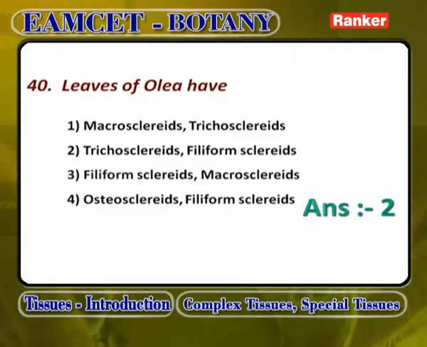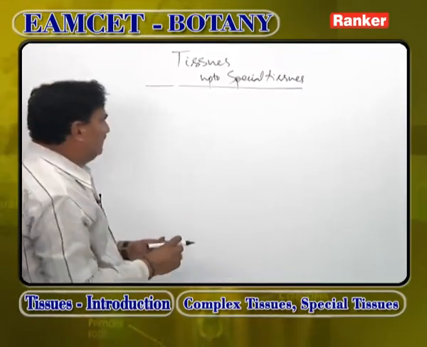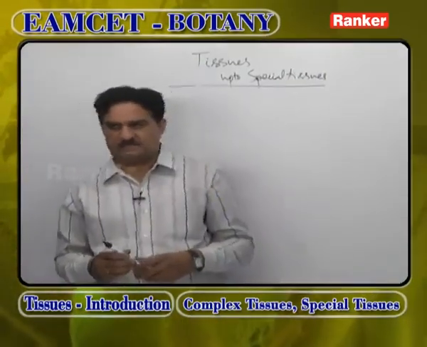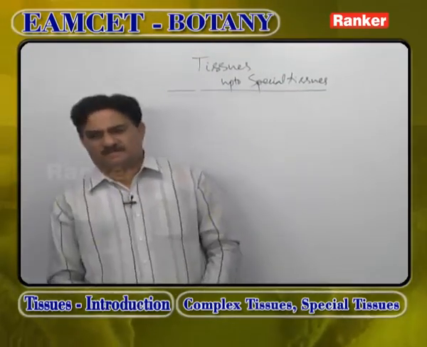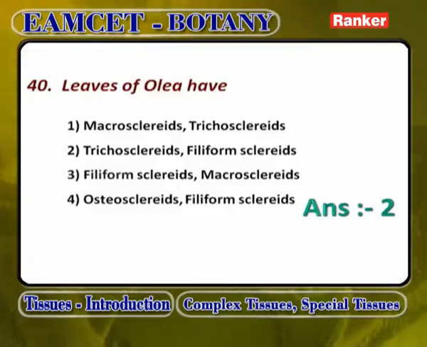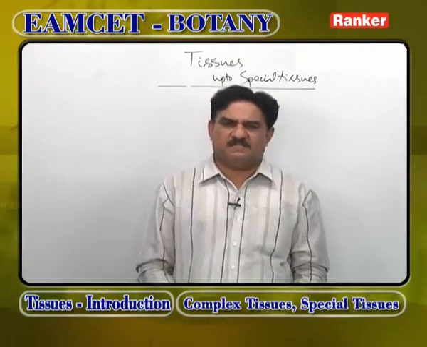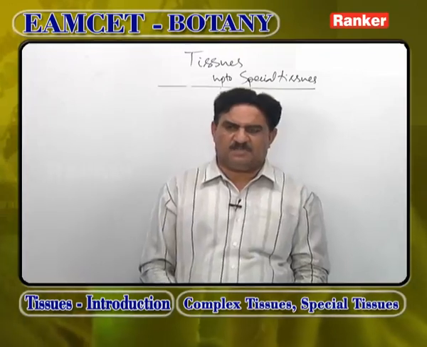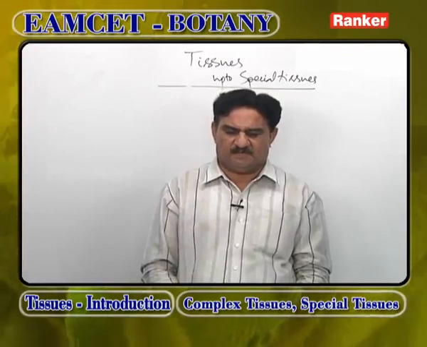So these are some of the bits regarding simple tissues: parenchyma, collenchyma, sclerenchyma, and meristematic tissues. Meristematic tissues are identified by the presence of special characters, and are divided into two categories based on origin and based on position. Based on origin, there are two types: primary meristems and secondary meristems.